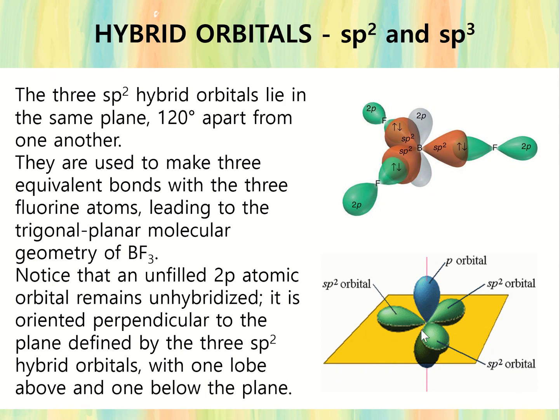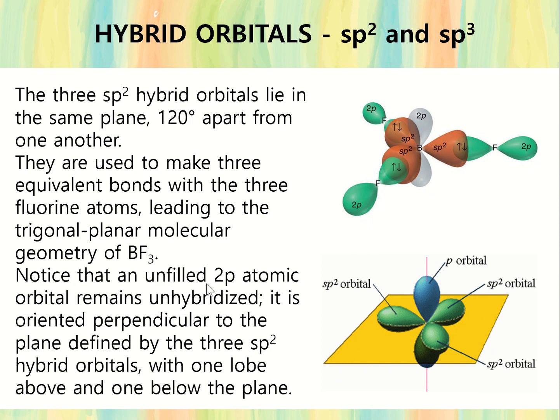That's the angle between here, here, and here. So it's like a triangle pretty much. They are used to make three equivalent bonds with the three fluorine atoms, leading to the trigonal planar molecular geometry of BF3.